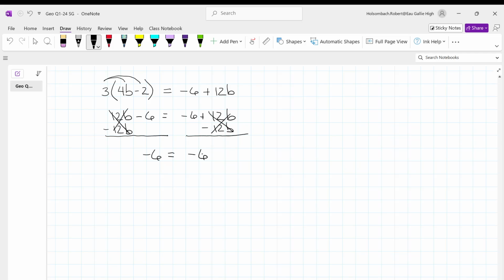So doesn't negative 6 always equal negative 6? Okay, so that's infinite solutions. That's identity. You'll see it as identity, or you'll see it as infinite solutions. Make sense? A little bit?